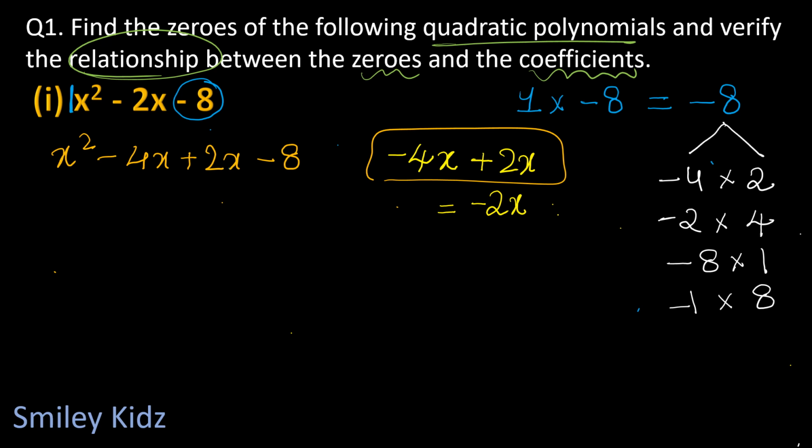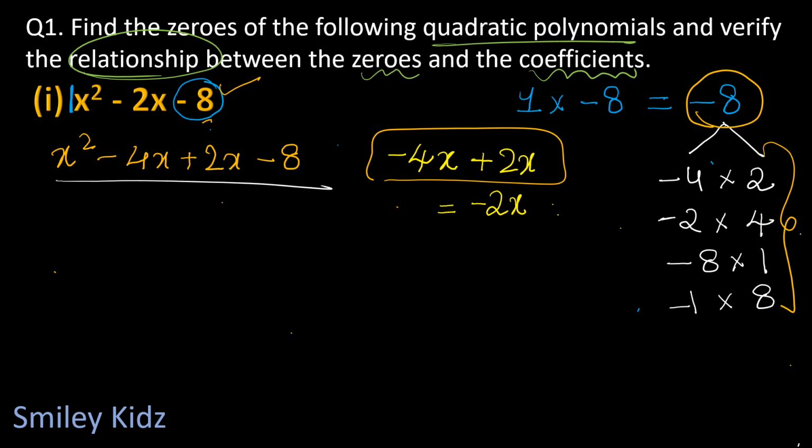What have we done? We have just multiplied the constant term with the coefficient of x squared and we acquired the minus 8, and then we found out the factors, and according to the factors we have split the middle term, isn't it? Now we're going to further solve this. We have x squared minus 4x plus 2x minus 8.